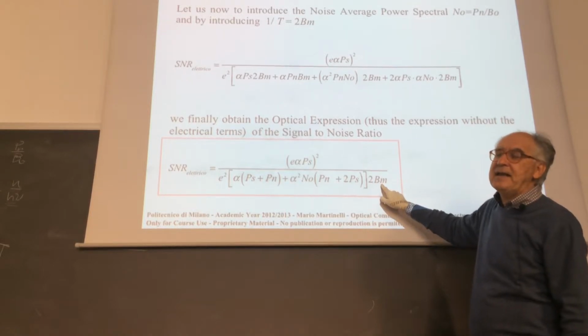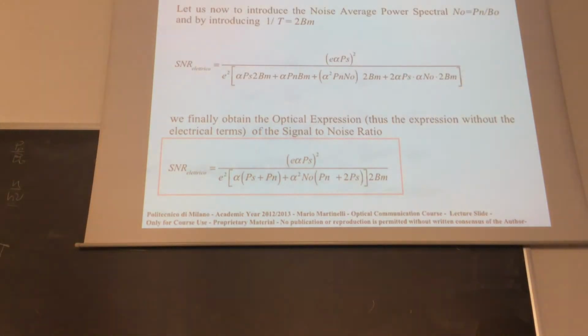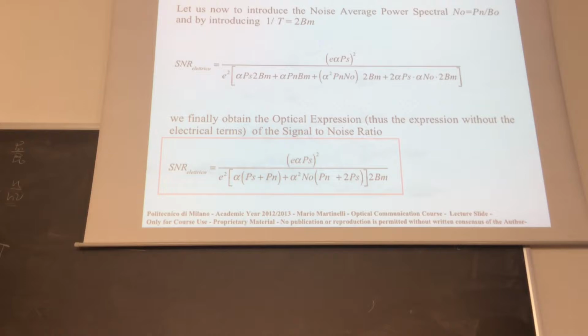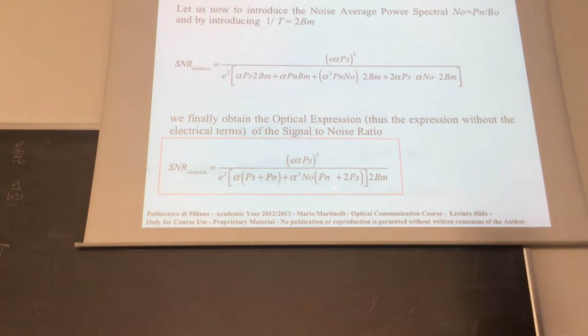So if you increase the electrical bandwidth, this noise decreases without any possibility. And also we noted that, as expected, if you increase the power of the signal, this signal to noise ratio increases. So this is a typical behavior of the optical communication signal to noise ratio that is always present. So this is why it's a problem.